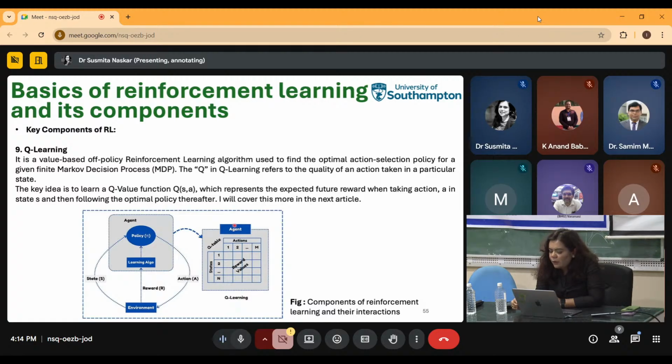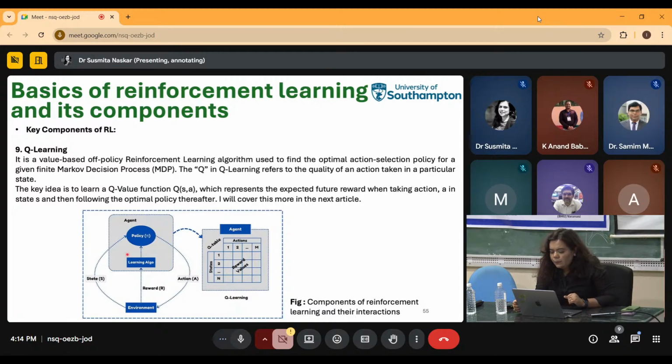The algorithm builds a Q value function which represents the expected future reward of taking an action A in a state S, right? Now if you quickly look at this diagram, you can see how the agent is interacting with the environment. The environment provides the state S, the agent chooses an action A based on its current policy, then it receives a reward, called R, and moves to a new state.